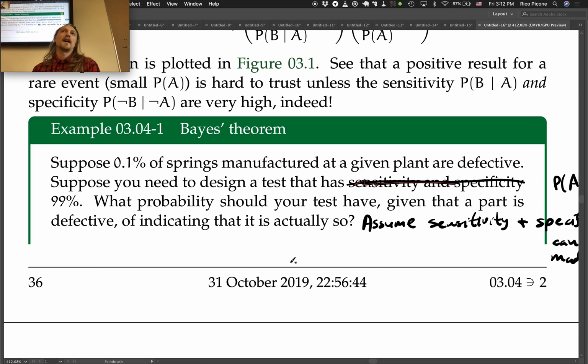So this test might be a test of the weight of the part, or some measurement of a dimension, or there's all kinds of things. I once designed a groove detector.